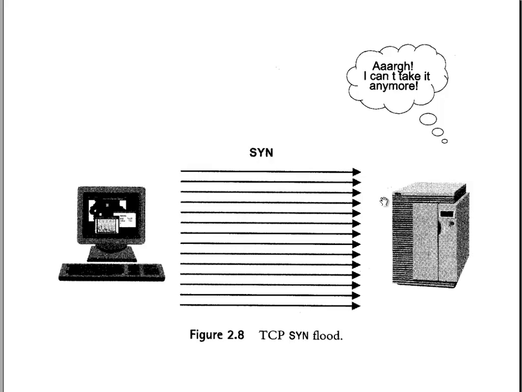And this is one of the types of attacks. It's a denial of service attack that a packet filtering firewall can mitigate. Here you have the attacker over here. Here you have the server. And what the attacker does is send a stream of SYN packets in rapid succession to a particular port, let's say port 80, so they're running a web server on this computer.